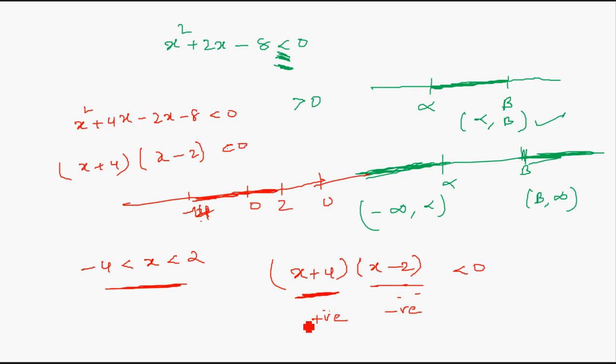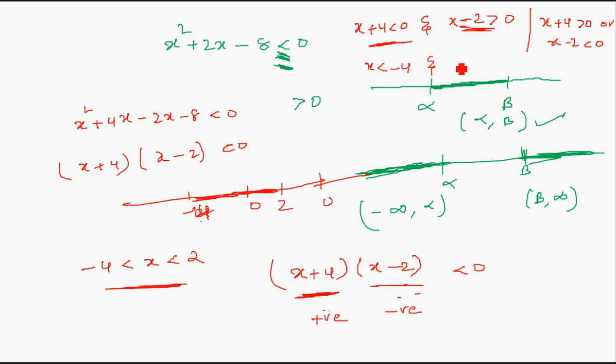Simply by verification. So you can do it like this: x plus 4 is less than 0 and x minus 2 is greater than 0, so one is a positive number, one is a negative number, or you can take x plus 4 is greater than 0 and x minus 2 is less than 0. So from the first we will get x is less than minus 4 and x is greater than 2, whereas from the second we will get x is greater than minus 4 and x is less than 2, right?